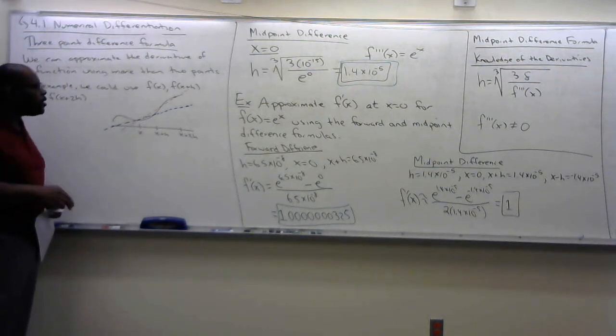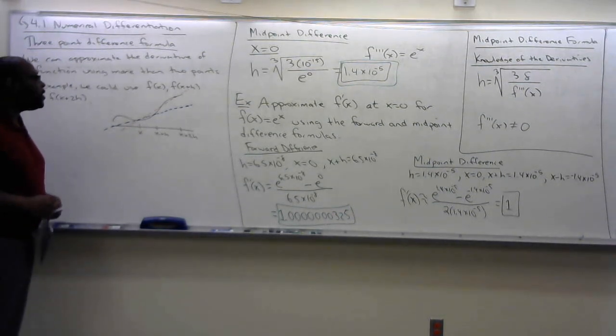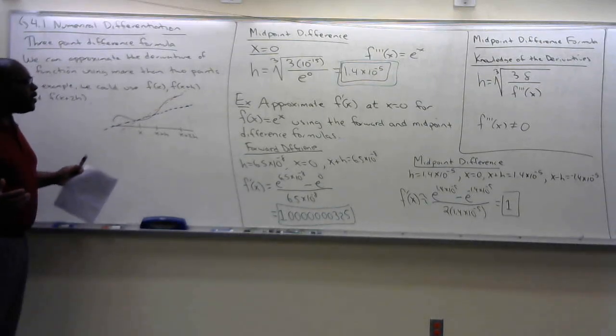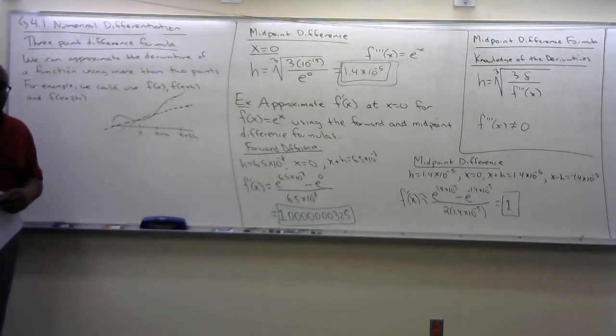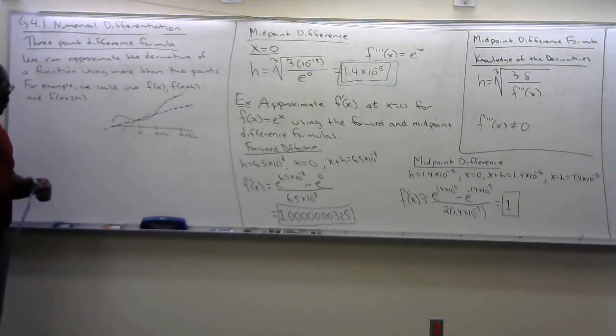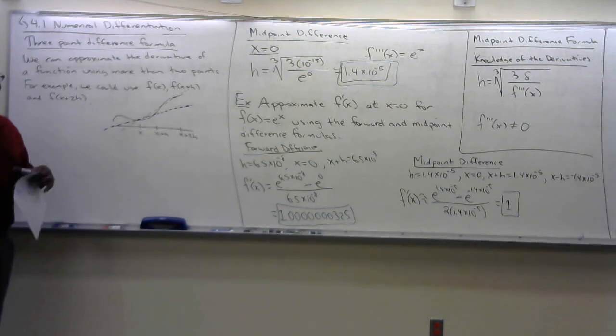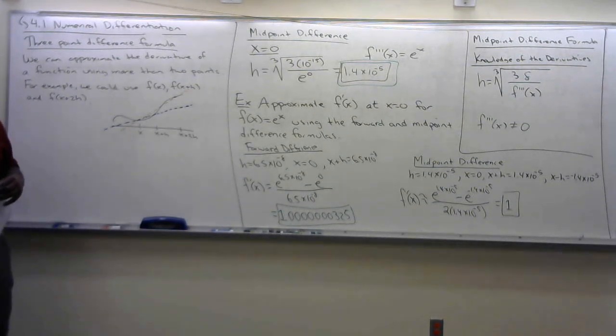So I have 2 different approximations of the derivative, and maybe there is a way to combine those 2 approximations into one approximation. Almost like an averaging effect. It's not going to be a plain average, it's actually going to be more of a weighted average.